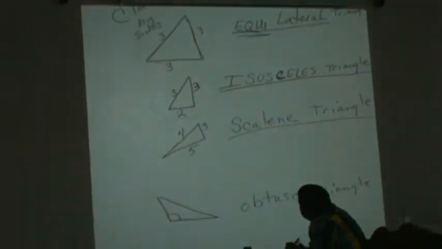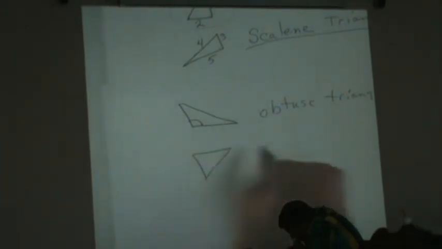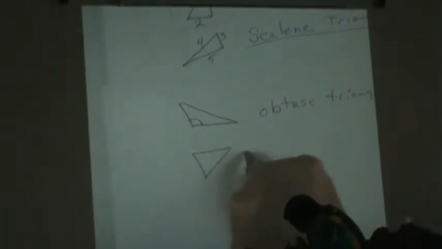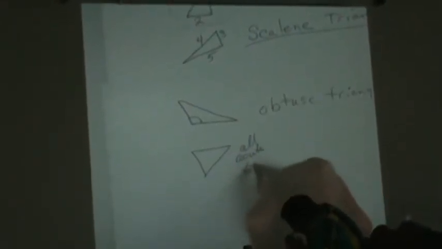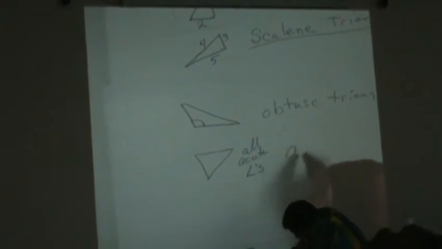For sure these two right here have all acute angles. So if it has all acute angles, it has to be all of them acute, okay? All acute angles, then it's an acute triangle.